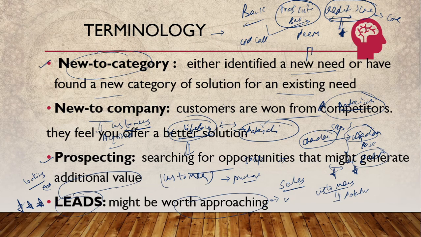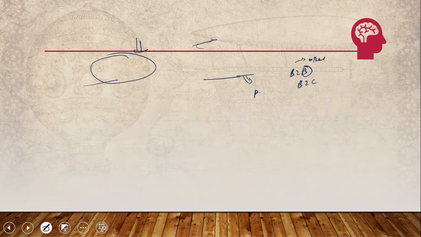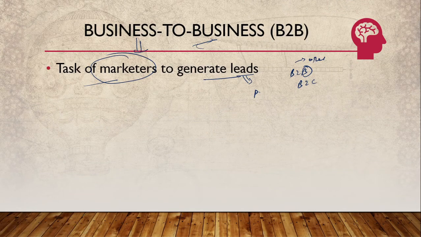Let us take a simple example. Let's say my company is manufacturing cameras for mobile phones. Then what I will look for is I will try to contact most of the mobile manufacturing companies, so that they'll try to put my camera in their mobile phones.